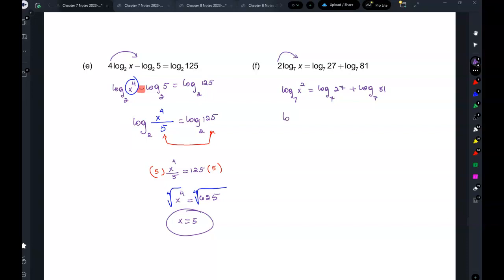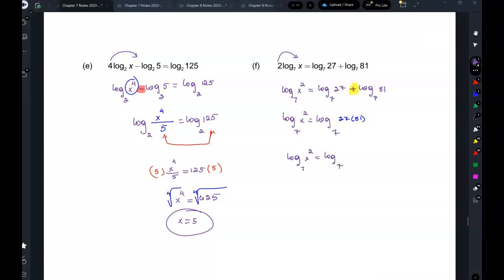Okay, log 7x squared equal to, I got a plus here. That means what do I have to do? Multiply. Log 7, 27 times 81.